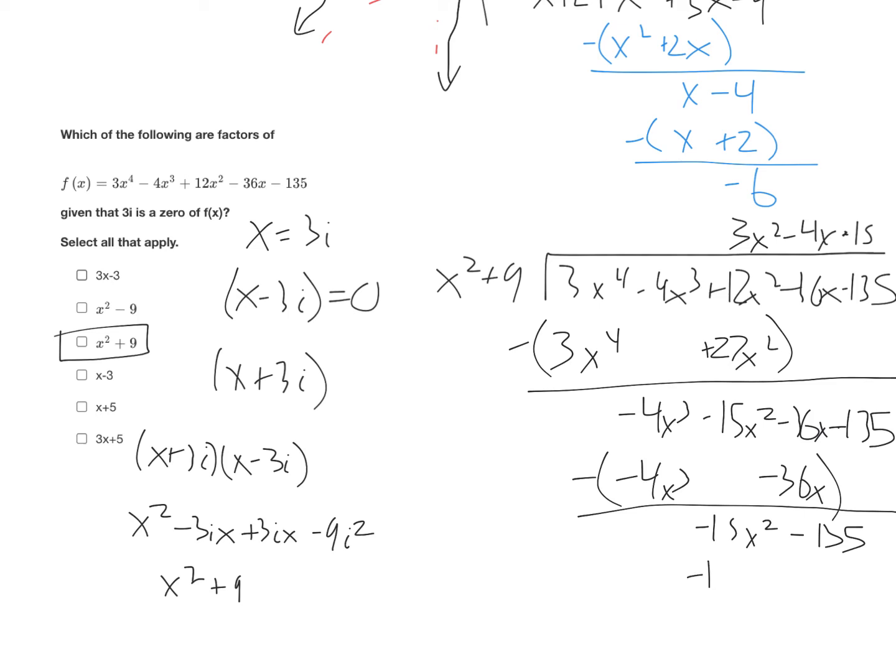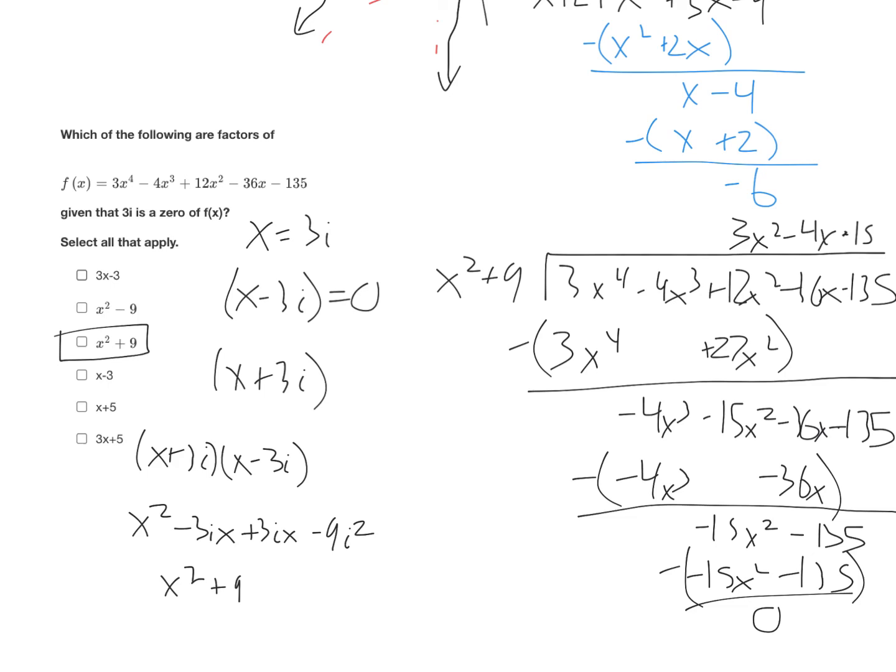Distribute. Negative 15x squared minus 135. Okay, good news, no remainder. I knew that was supposed to happen, but it's always good when it does. We know that was supposed to happen because we said that x equals 3i is one of the zeros. So we knew that x squared plus 9 was one of the factors, and if it's a factor, that means it divides evenly.